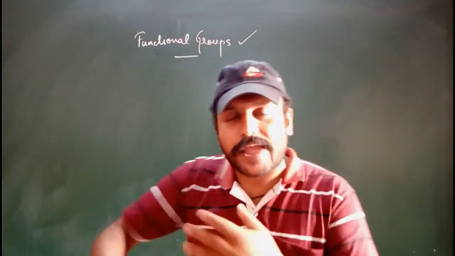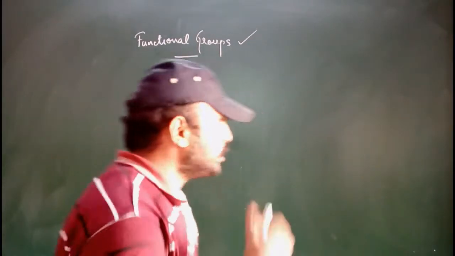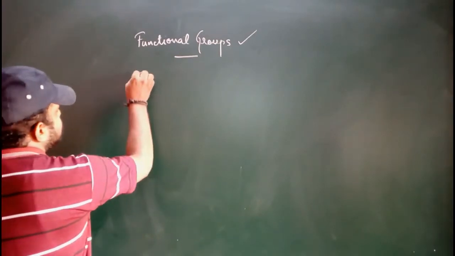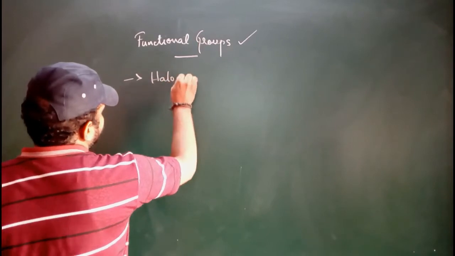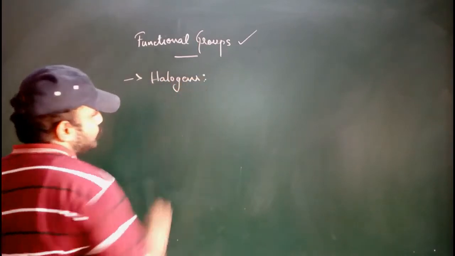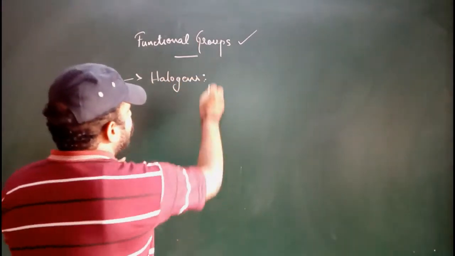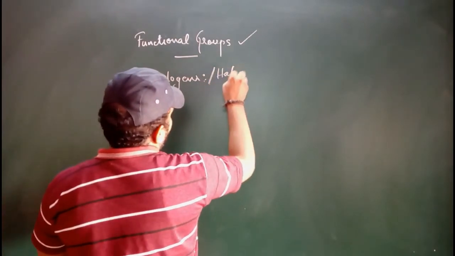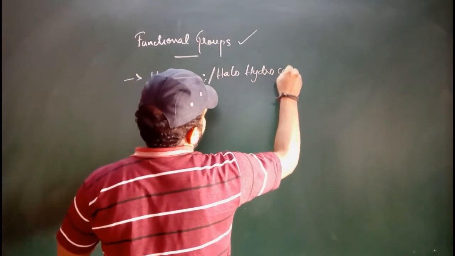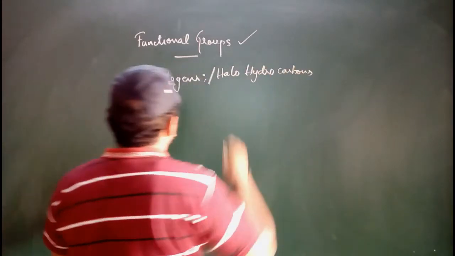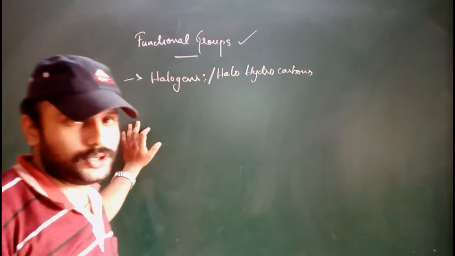So let's see different types of functional groups today. What are the different types of functional groups? Let's start with the first one, that is halogens, or we can say halogen derivatives of hydrocarbons.